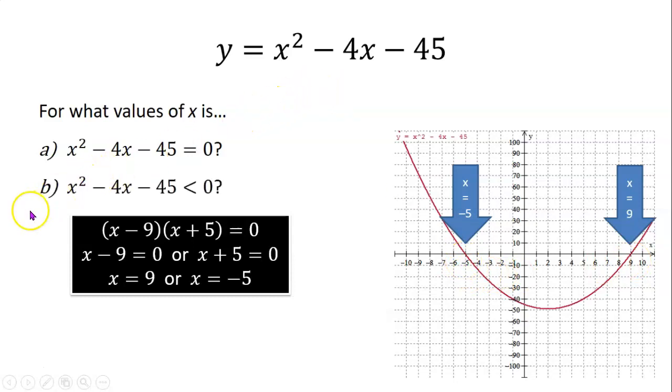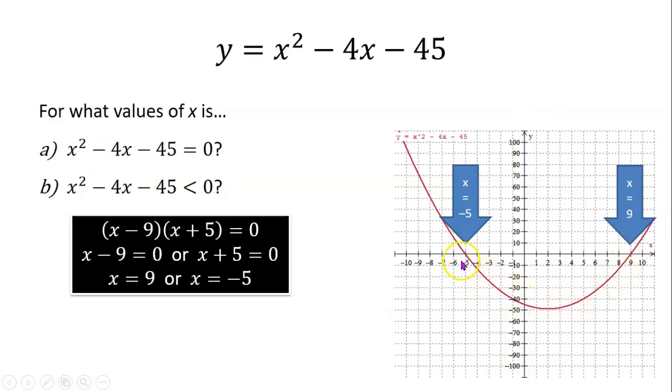Now, for what values of x is x squared minus 4x minus 45 less than 0? Here, what we're calling y, we're asking when is it less than 0? On the graph, the points where y is less than 0 would be points that are below the x-axis.